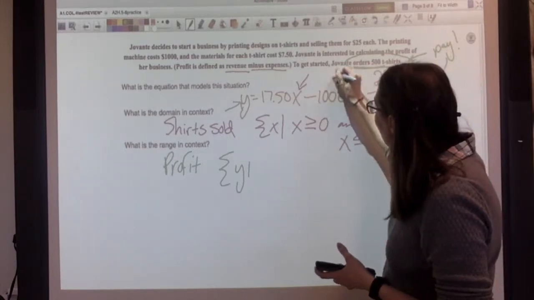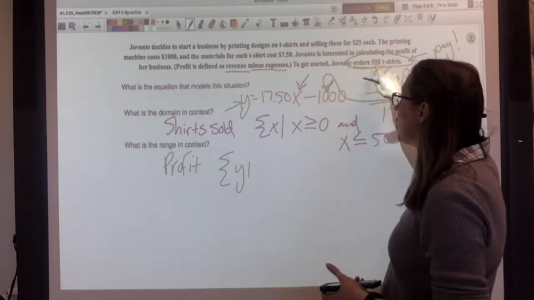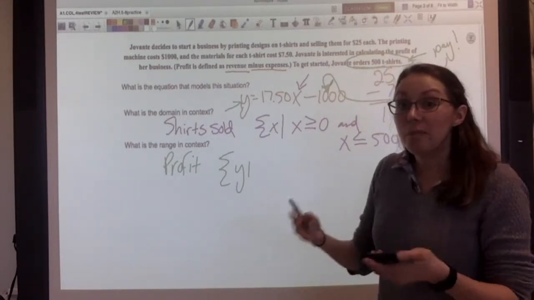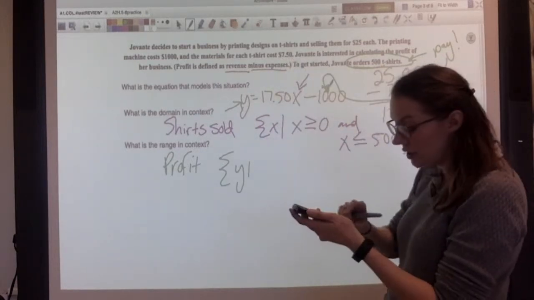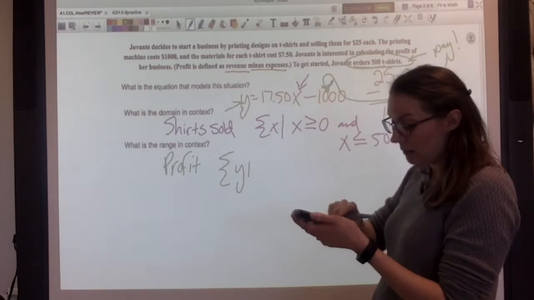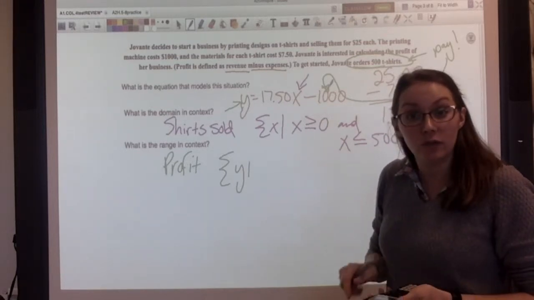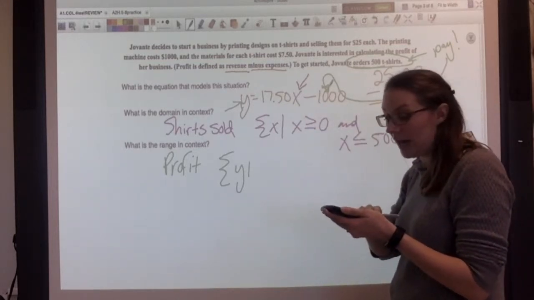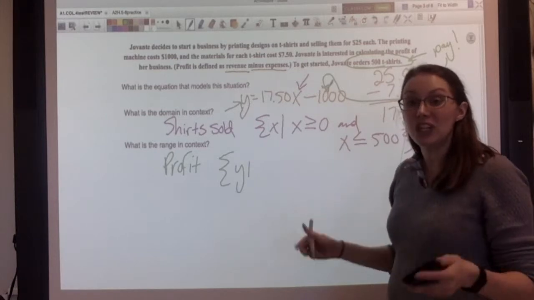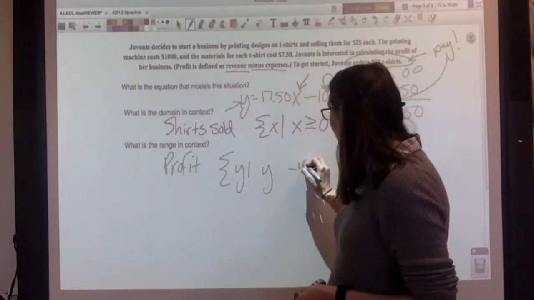And she has to pay for this. So she's got to pay for the machine and the 500 shirts. So to figure out our minimum amount of profit, it's going to be the cost, $750 per shirt. So 500 times $750. Just those shirts cost her $3,750. And she still owes $1,000. So I'm going to add $1,000 to that. Holy cow, she is negative right now. $4,750.